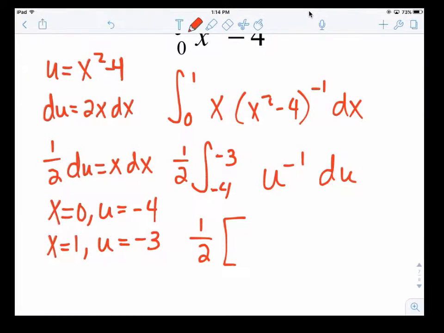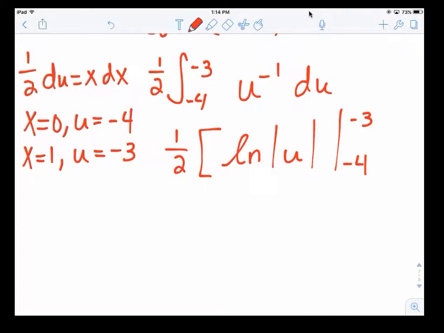So u replaces x squared minus 4, right? And then x dx is replaced by 1/2 du. So what do you get? Natural log of u going from -4 to -3.